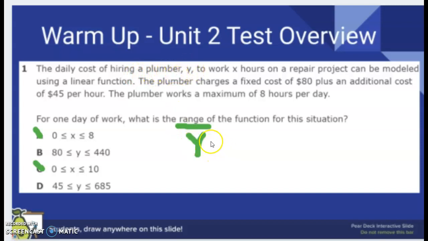So next to y, I'm going to type cost, or you can write daily cost, or you can write price, however you're going to remember or organize what they gave you. Okay, so then my x talks about the hours, x hours. I'm going to type hours next to that.